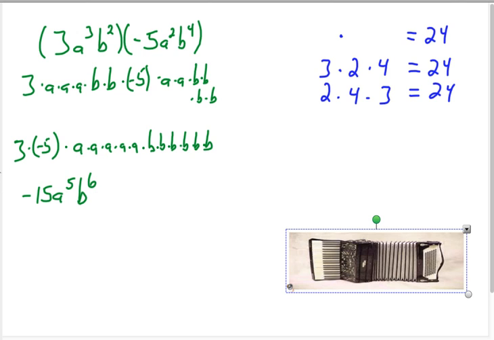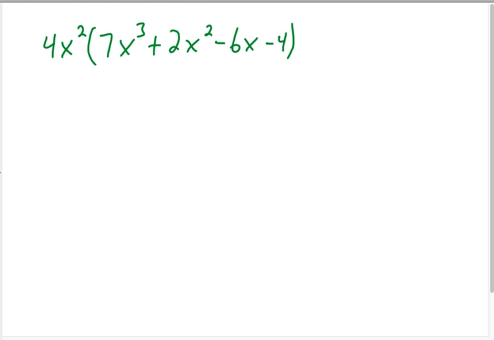Alright, so now let's try this problem that we had looked at earlier and see if we can do it. So we're going to multiply this because we have this number outside, this monomial, multiplying to this polynomial here. And so this 4x squared needs to be multiplied to every single item, every single term.